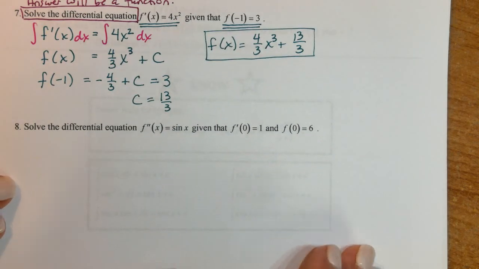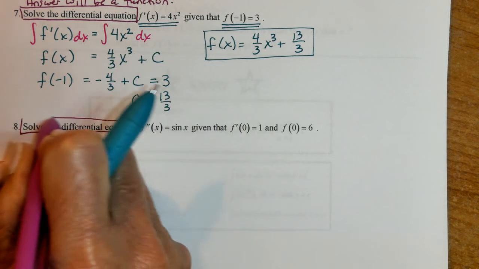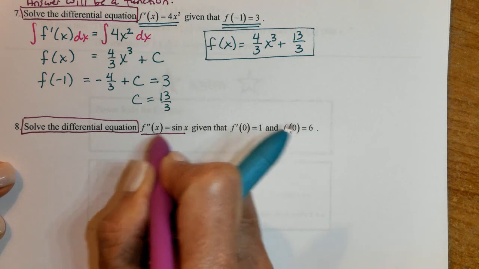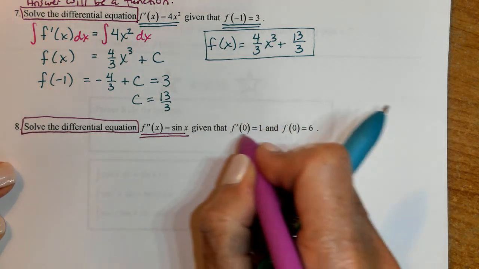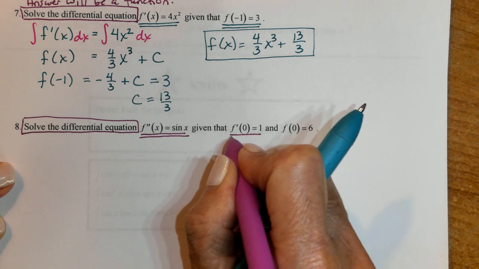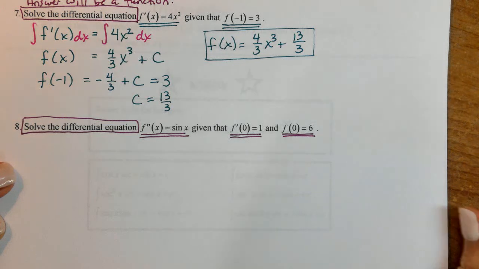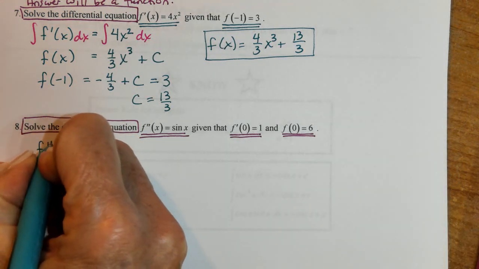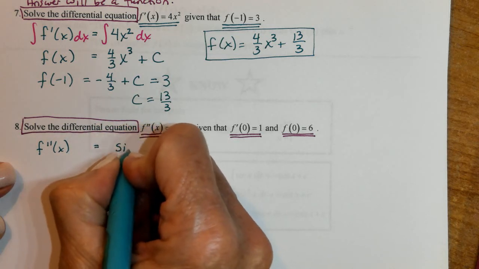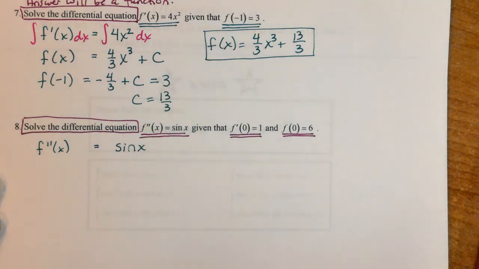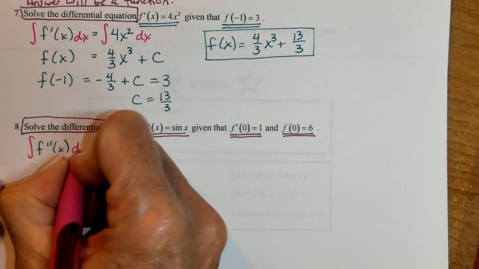Number 8. We're going to solve this differential equation. Here I see I have f double prime of x is sine of x, and I'm given f prime of 0 is 1 and f of 0 is 6. Let's start with f double prime of x, leave yourself a space, is equal to sine x. And we are going to take the integral of each side with respect to x.